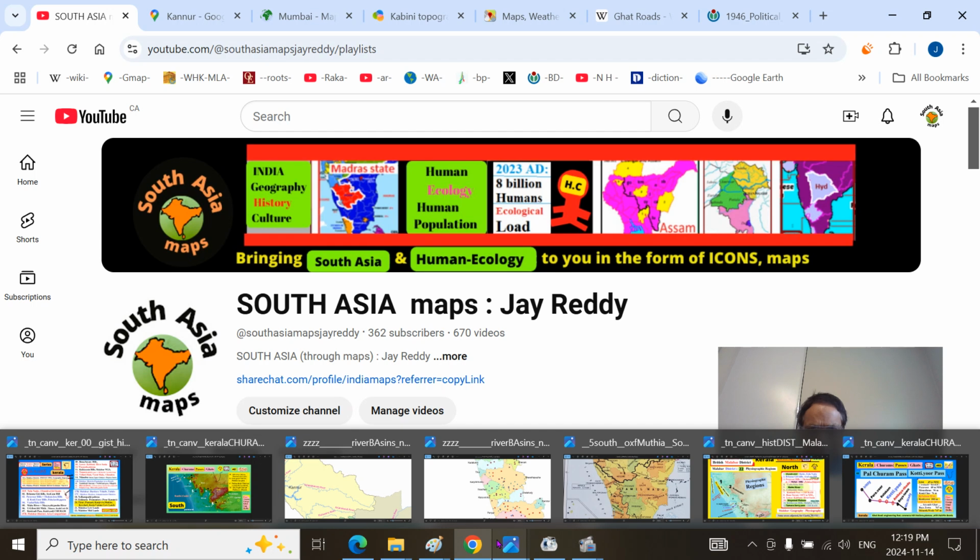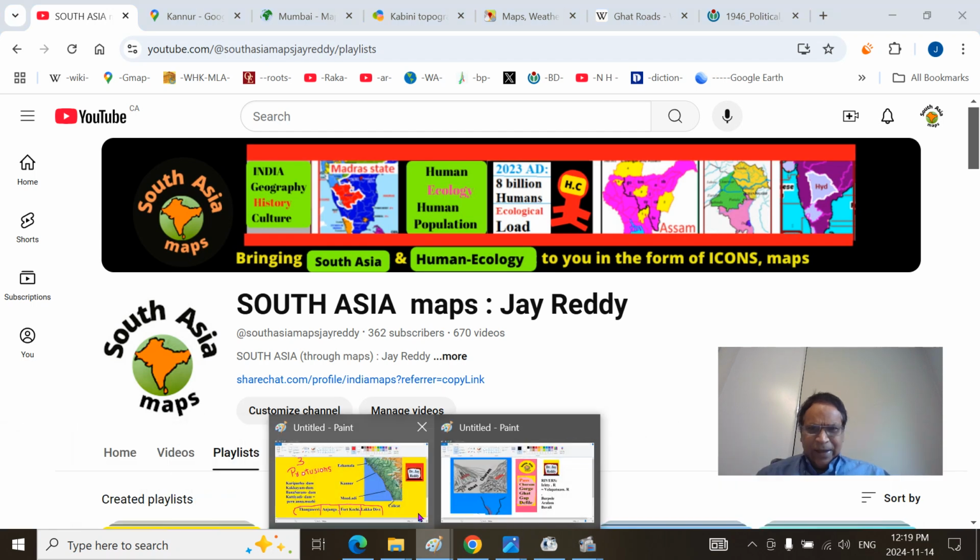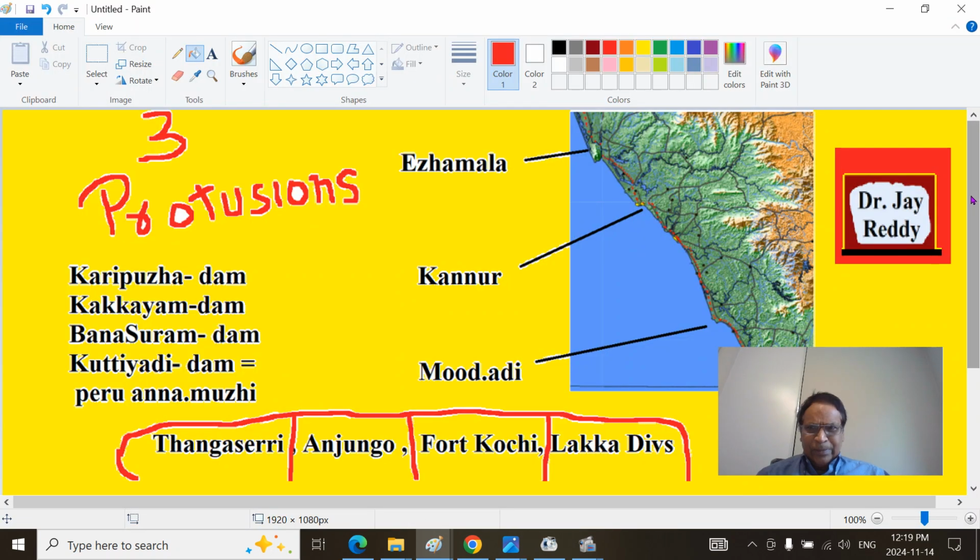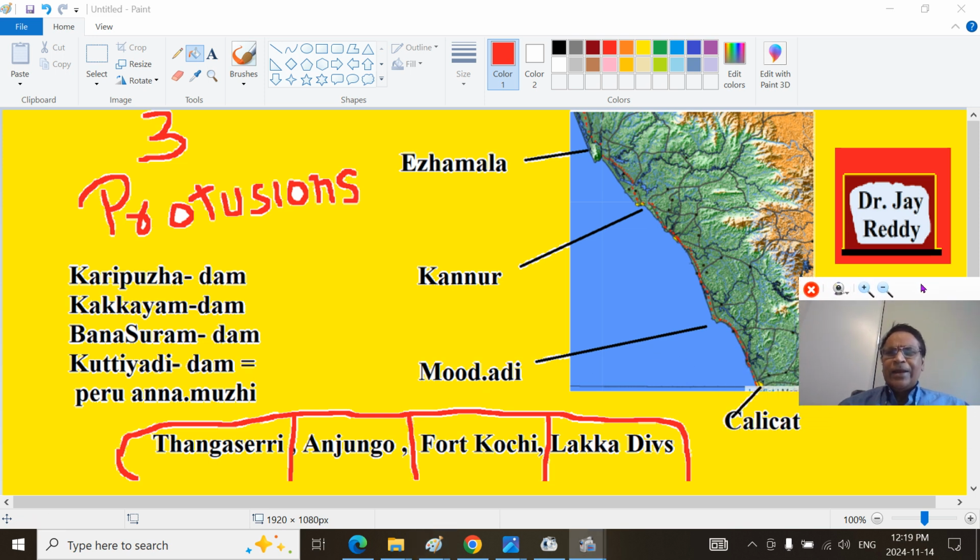Before we look at that, I will first go over the theoretical aspect, and I will show you the real maps. In the real maps, there are three important landmarks in the region. I call them protrusions: Easy-Mala protrusion, Kannur town protrusion, Mudadi protrusion. The Calicut town will be somewhere here.